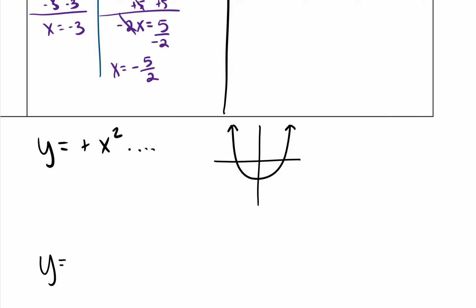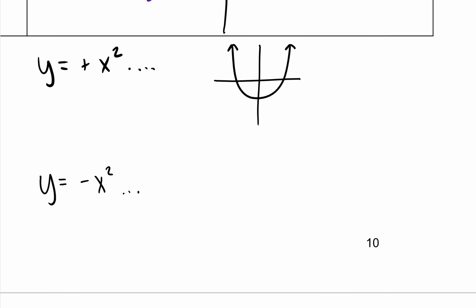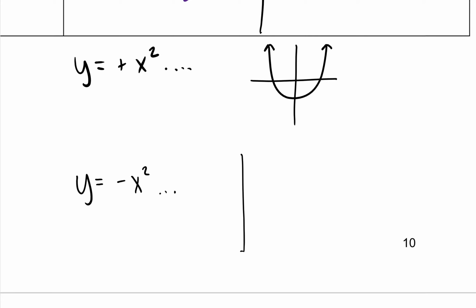If I have y equals and then -x squared dot dot dot, it doesn't matter about the rest of it, then my graph is going to go down. So think of it this way. If I want above 0, greater than 0, I can think of how my graphs look and easily know where my graph is above 0. The same with below 0.